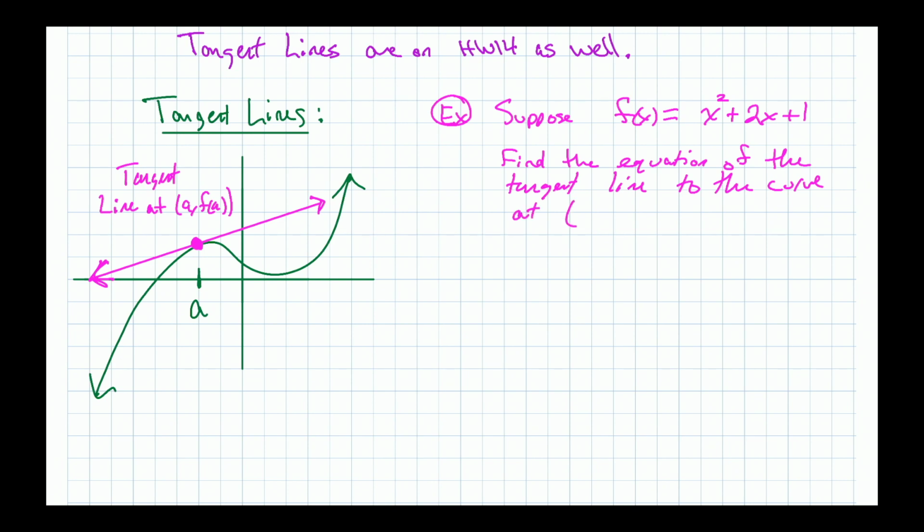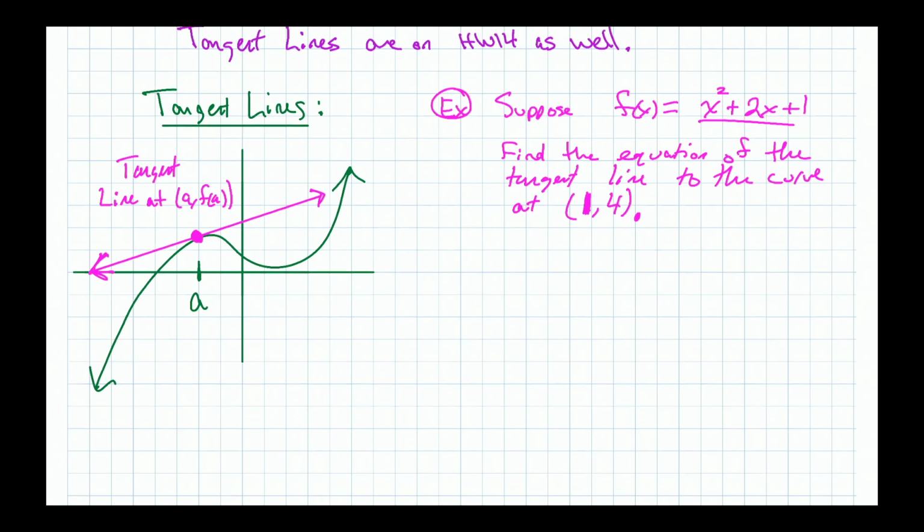What is the point? 1 comma, whatever you get when you plug in a 1. So you plug in a 1 into this curve here. What am I going to get? 1 plus 2 plus 1, is that 4? I feel like that's 4. So I'm going to say at (1, 4). So I'm going to tell you the point.